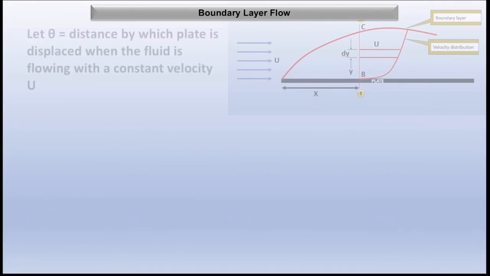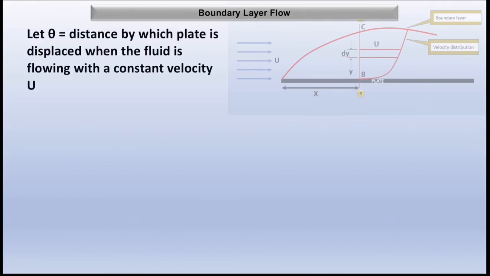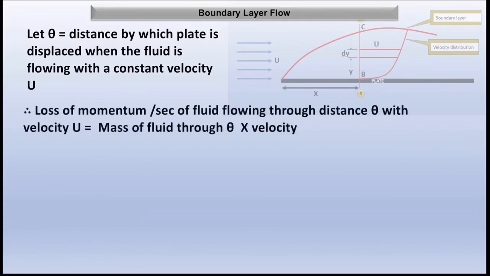Now let us consider that theta is the distance by which the plate is displaced when the fluid is flowing with a constant velocity U. Therefore, the loss of momentum of the fluid flowing through the distance theta with the velocity U will be equal to the mass of the fluid through theta into the velocity.